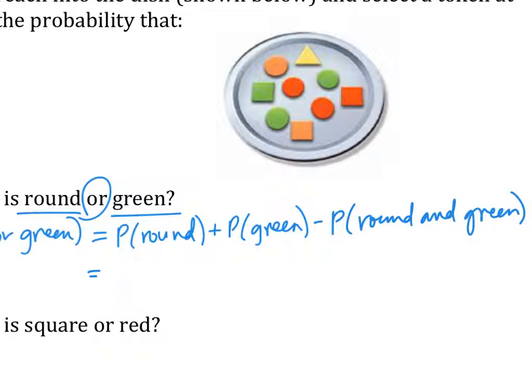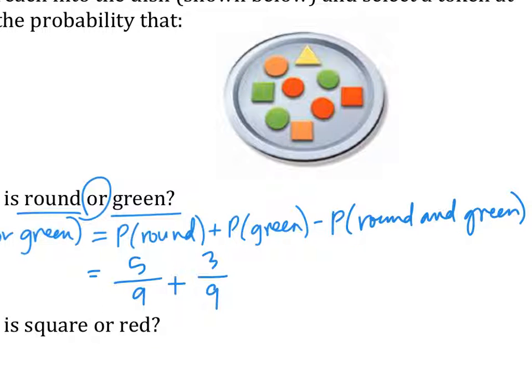Okay, so let's think about this. What is the probability of picking something that is round? 5 out of 9. Okay, there are 5 rounds and there are 9 total. What is the probability that you pick something green? 3 out of 9.